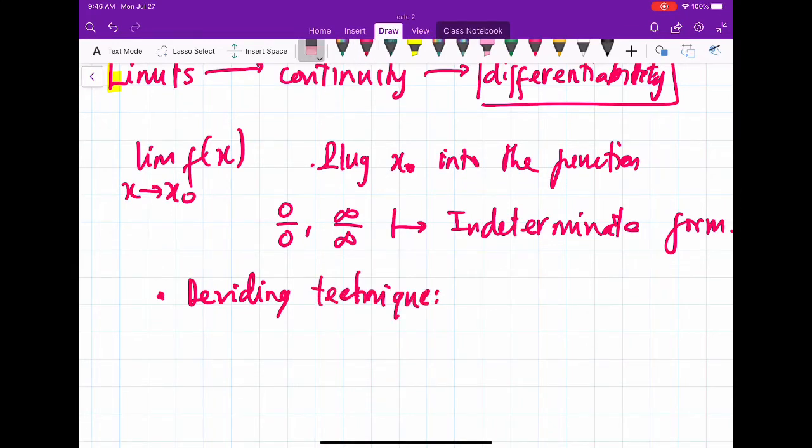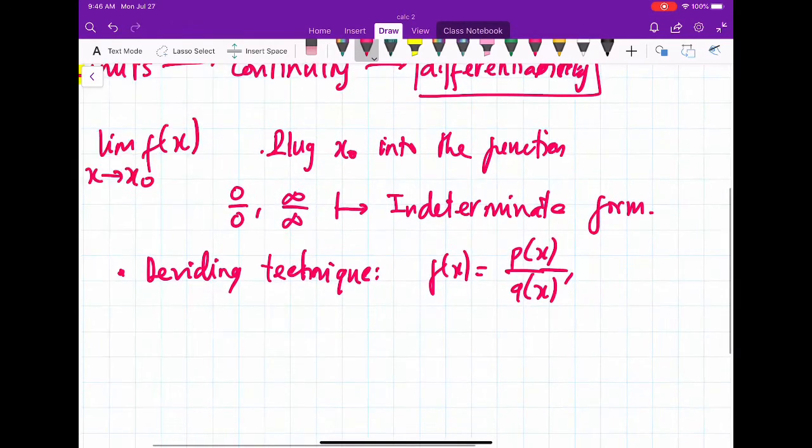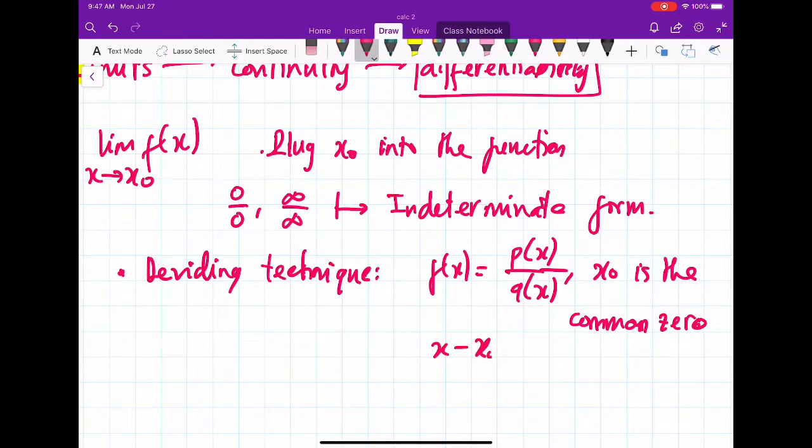It means if your function f of x is a fraction, p(x) over q(x), and x0 is the common 0 of p and q, that means you can factor p and q by x minus x0, and then you cancel it out.